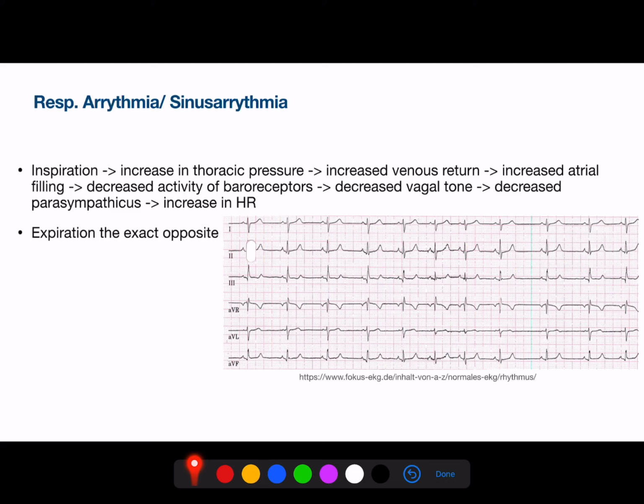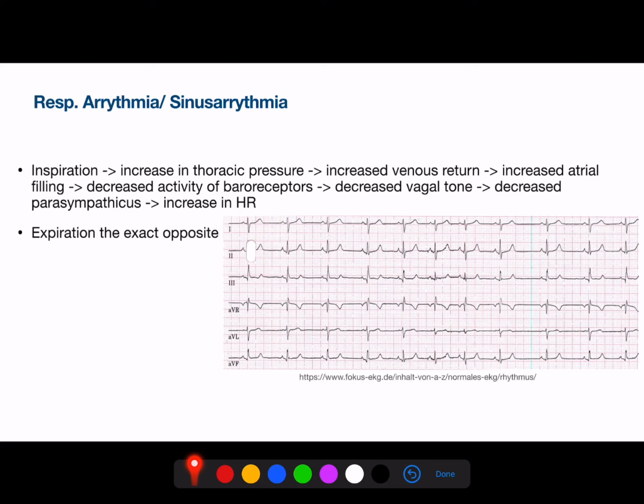This leads to an increased venous return, which means increased atrial filling. This leads to decreased activity of baroreceptors, which leads to decreased vagal tone, and due to that there's decreased parasympathetic activity. And this increases the heart rate.